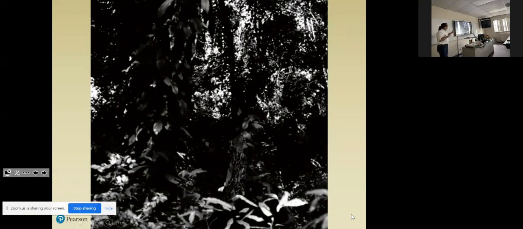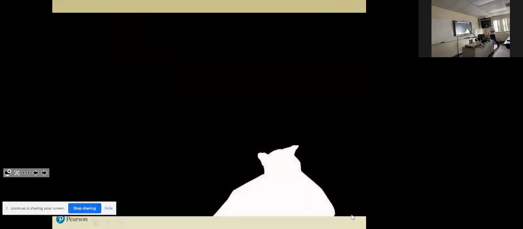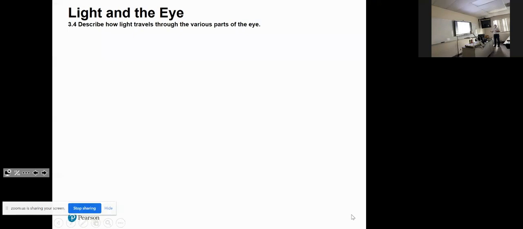As humans, we wouldn't really need that ability to pick out something from a dark background like that. But if our survival depended on it, you better believe that would be an important thing. Kind of freaky, isn't it? Yep, he's waiting to pounce. So that's just an example of our adaptation through thousands of years.